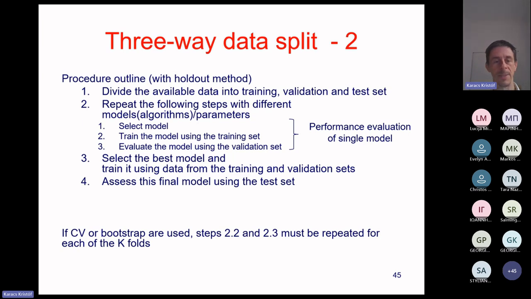So the way we typically do this can be seen on the slide. Do the 3-way split first, and then start repeating a cycle: selecting a model, training the model using the training set. Then we evaluate the model using the validation set, and do this for each and every model. And then we can do the final selection and assessment.